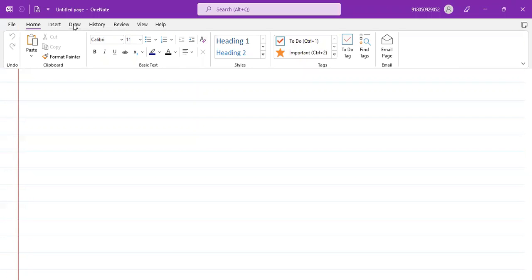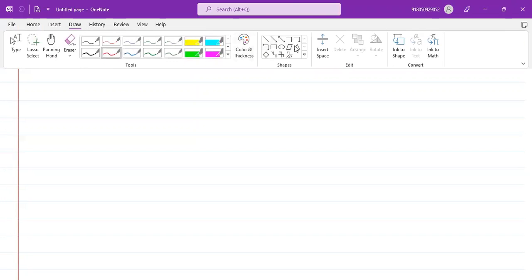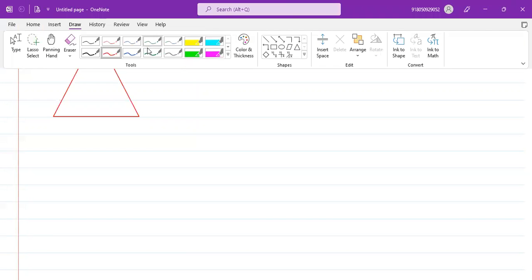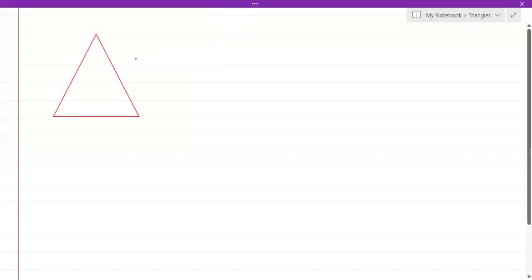So first let's draw a triangle ABC. Inside that, we'll draw another triangle.